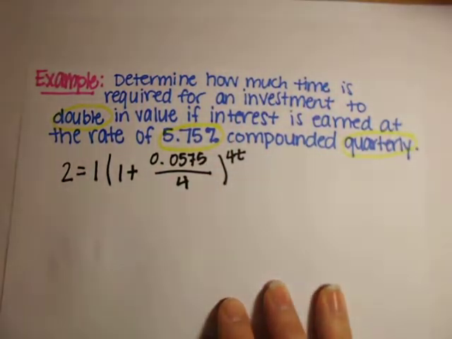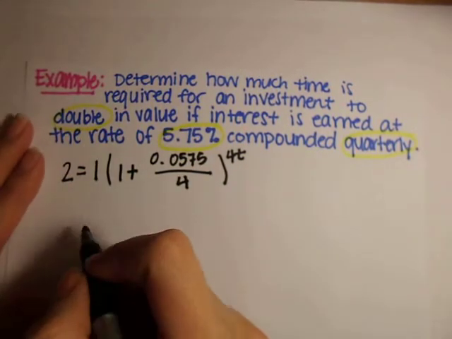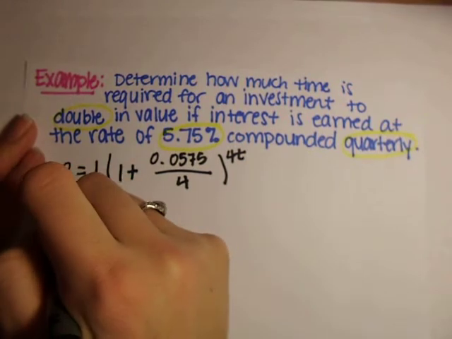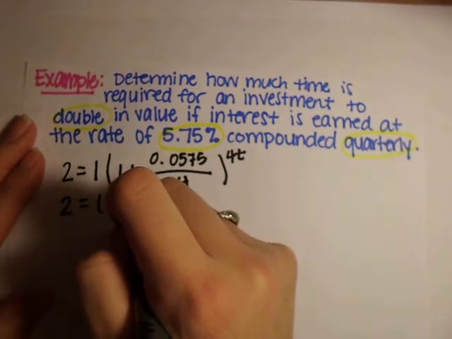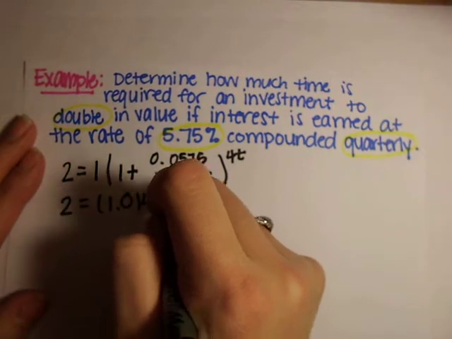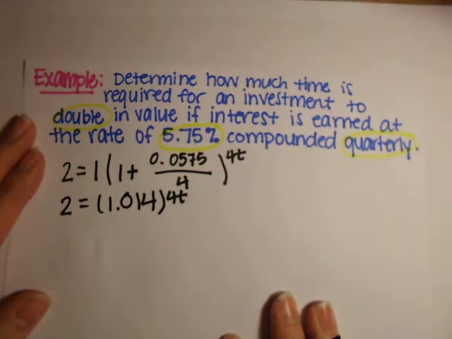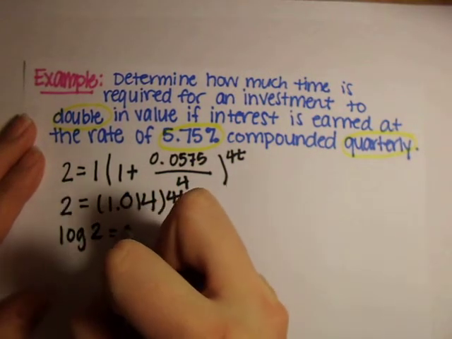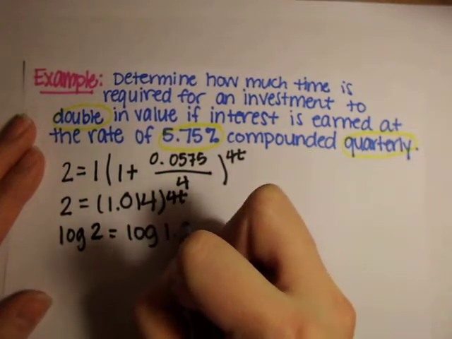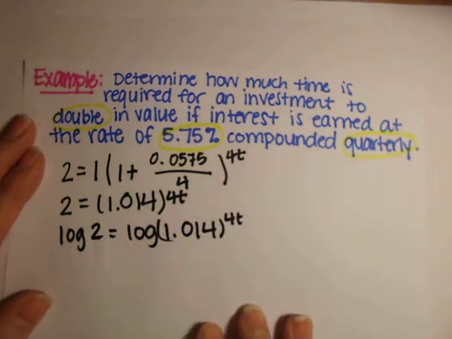So now we're going to solve for time. We can simplify a little bit. We'll have 2 equals 1.014 raised to the 4t. Now we can take the log of both sides. So the log of 2 equals the log of 1.014 raised to the 4t. Here we will use our properties of logs.